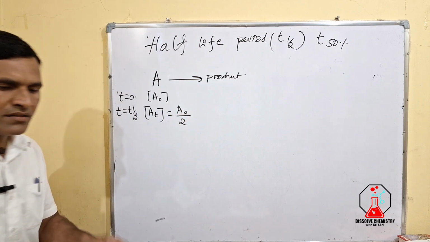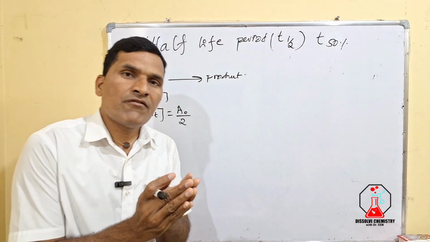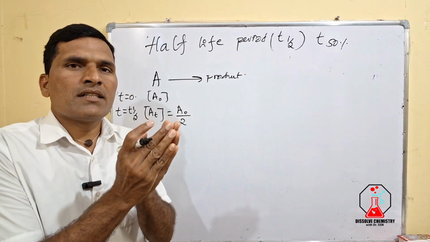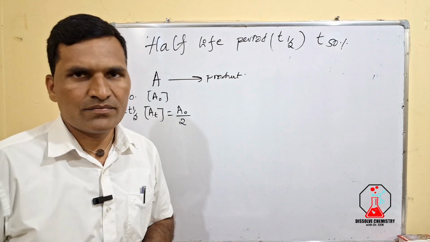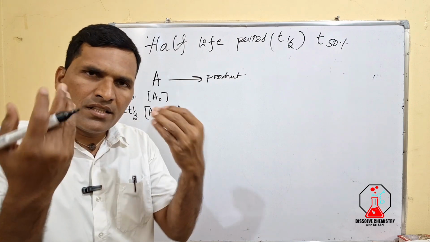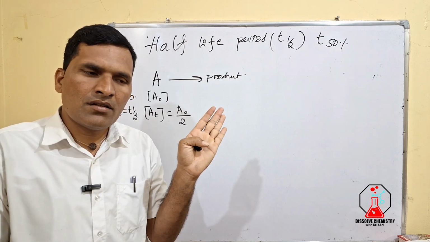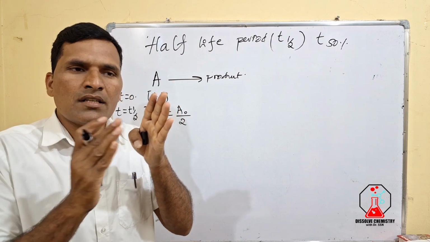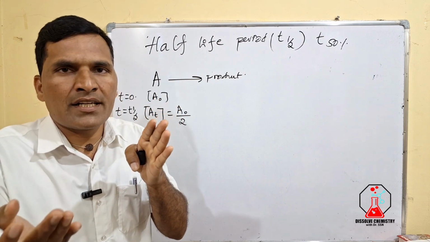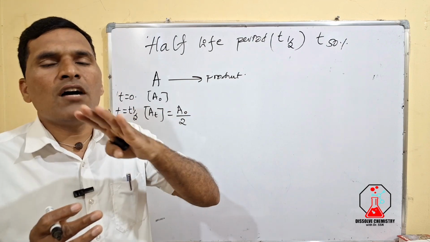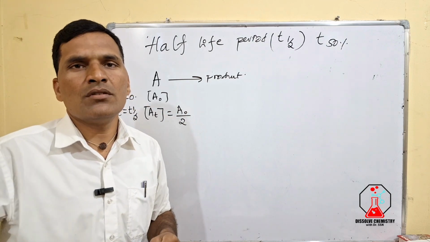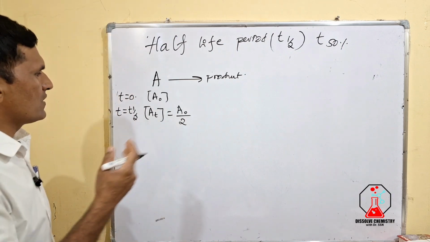Am I right or wrong? Because we have defined half-life period as the time taken by the reaction to reduce its concentration by half. Whatever initial concentration you have taken, how much time will it take for half of the concentration to be consumed into product? We will see that.